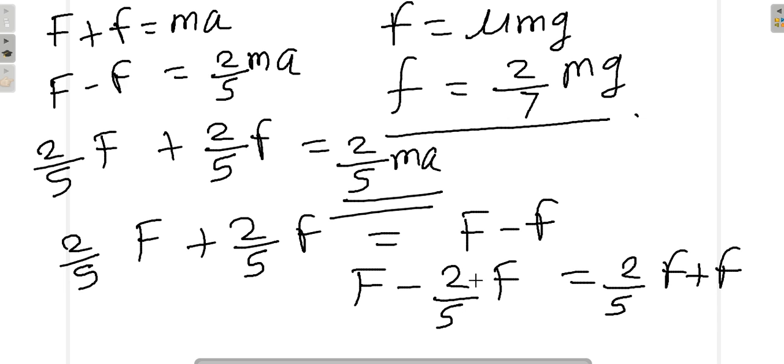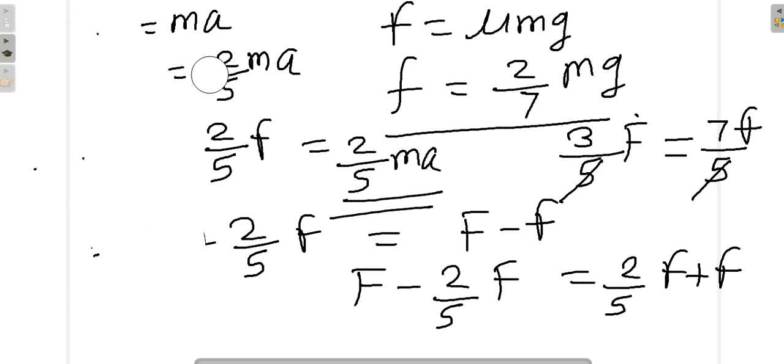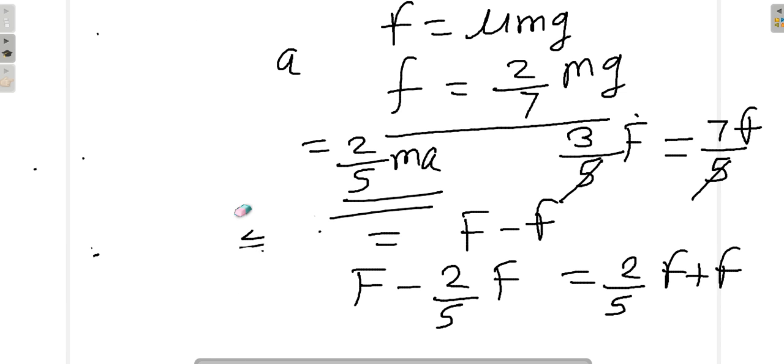So what do I get here? 3 by 5 times capital F, f I will cancel, and I will get capital F as 7 by 3 times small f, and small f is 2 by 7 mg.